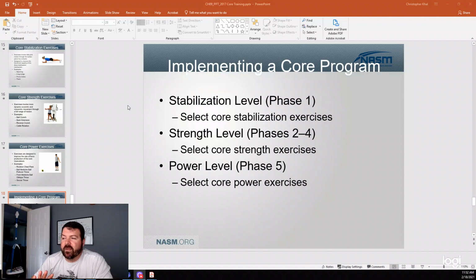Some people are going to find those stabilizing ones really, really difficult, and they should do those before they progress to the strength level stuff. A lot of people will be caught up on the stabilization level stuff for a long time, and there's nothing wrong with that, because that's where you are. A lot of people really lack that core efficiency. And then obviously the more advanced is phase 5.